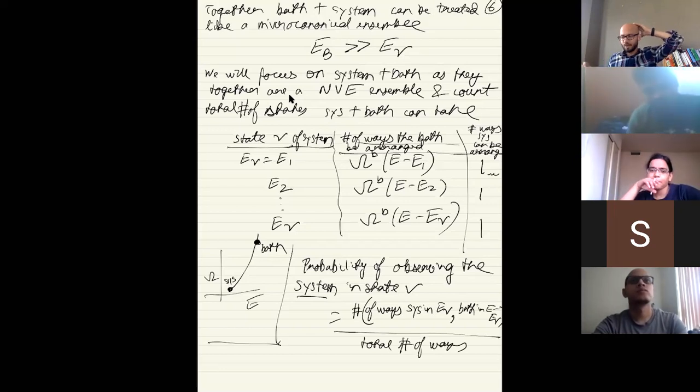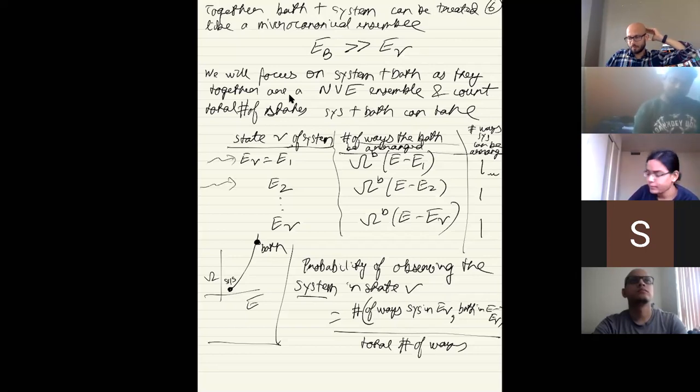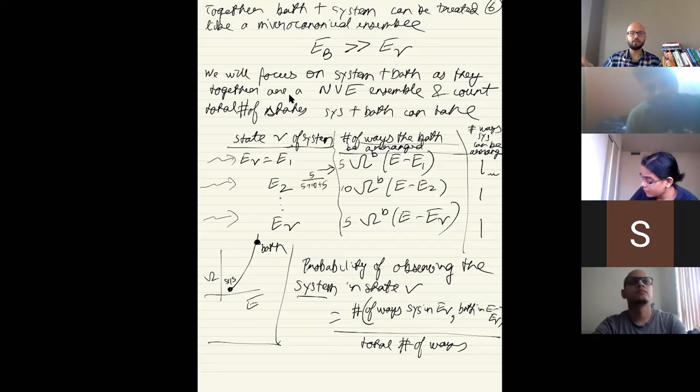So we have just calculated the number of ways the system can be in E1, the number of ways the system can be in E2, the number of ways the system can be in E3. If these were the only 3 possibilities, and let's say this number was 5, this number was 10, and this number was also 5, and now I ask you, what is the probability of observing the system in the first state, then the answer would be 5 divided by 5 plus 10 plus 5, right?